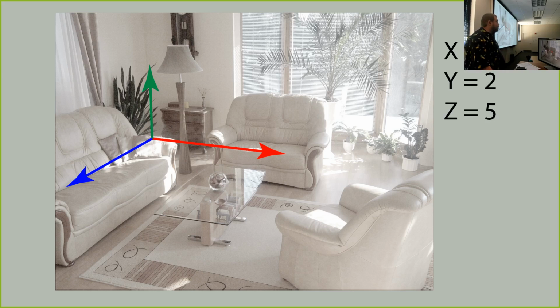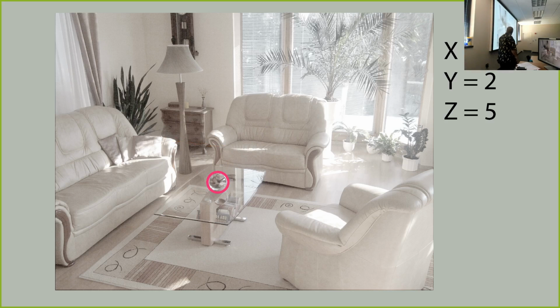If I say x equals 5, y equals 2, z equals 5, you go over 5, up 2, and in depth 5 more, and you'll see that we got that little bitty glass thing full of leaves. You need leaves on your coffee table. It's important. So this is the Cartesian coordinate system, x, y, z.